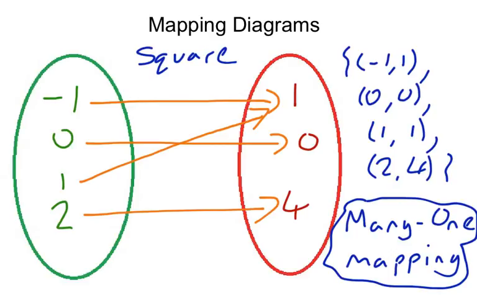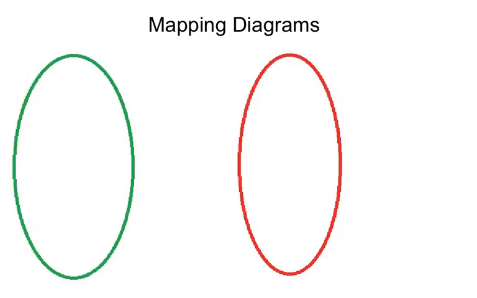Finally, we're going to look at one more example, which is a slightly different one again, and this time in our domain we have 9, 4 and 1, and our mapping is going to be the square root this time.